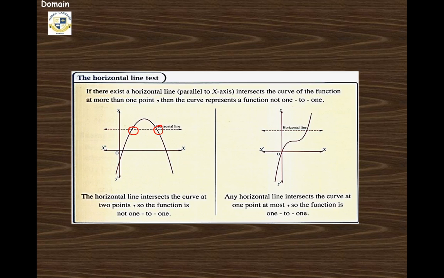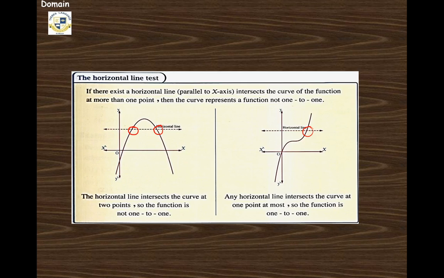In the second graph, I will draw a line parallel to x-axis, and this line intersects the curve of the cubic function at 1 point. Therefore, this function is one-to-one function.